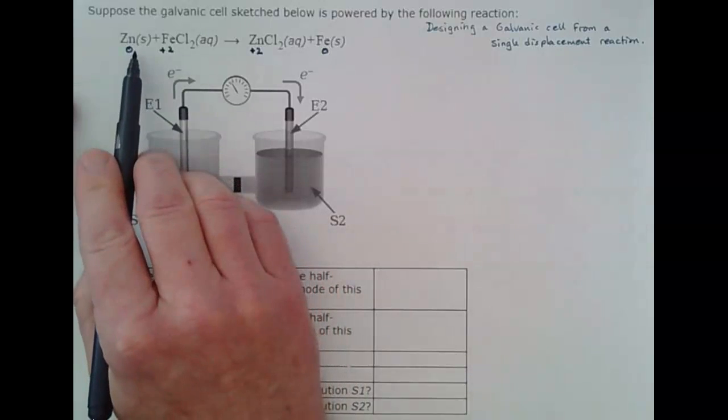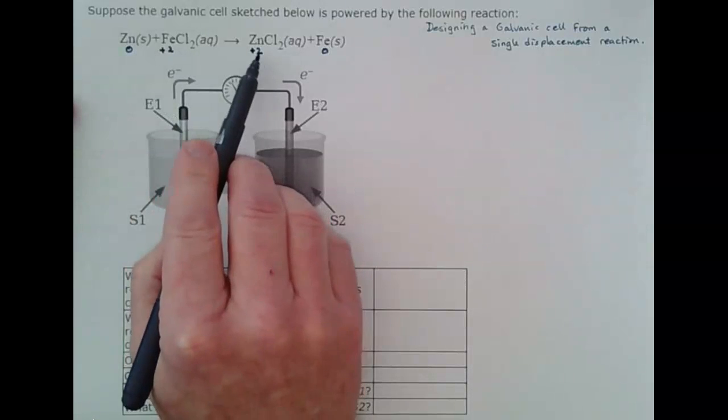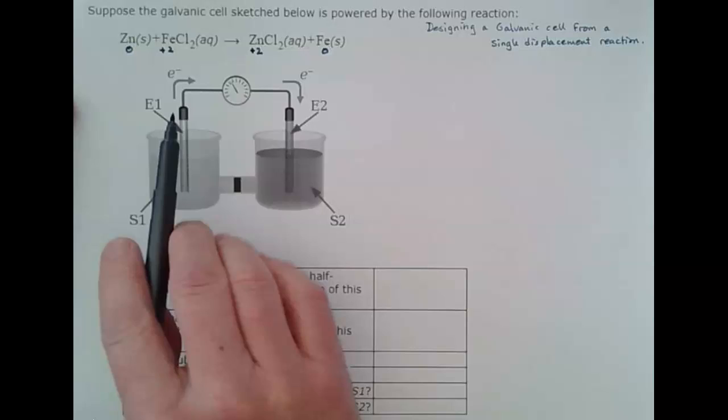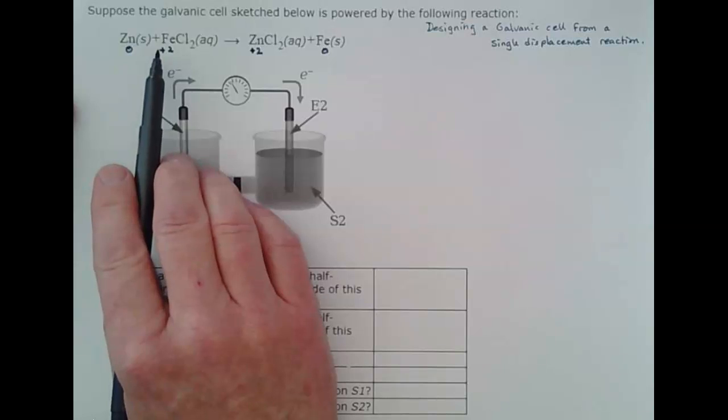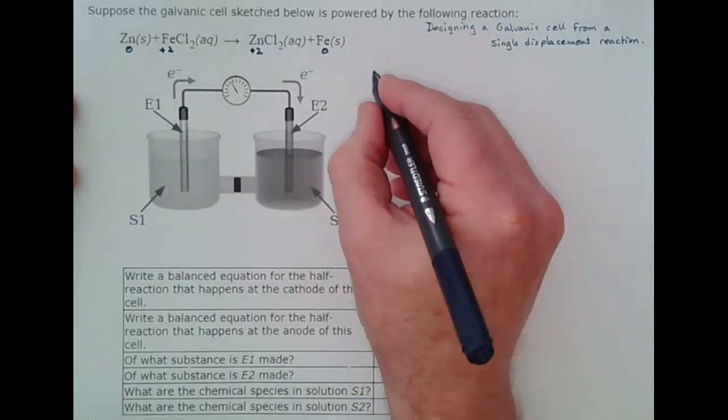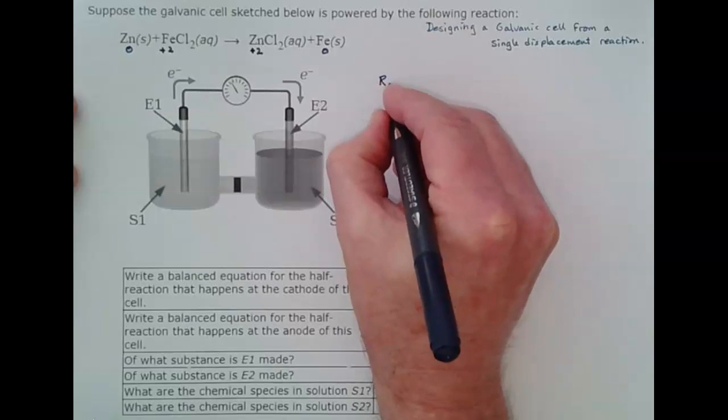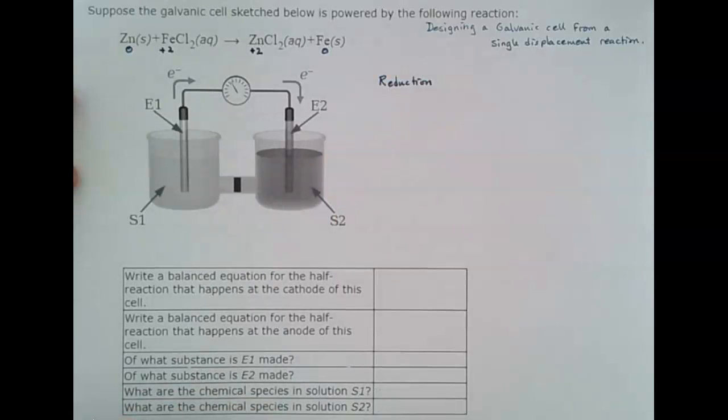So this reaction tells us what happens in this cell, and which half reaction goes as a reduction and which goes as an oxidation. Let's diagram that out. Our reduction, based on this equation, is picking up electrons, right?